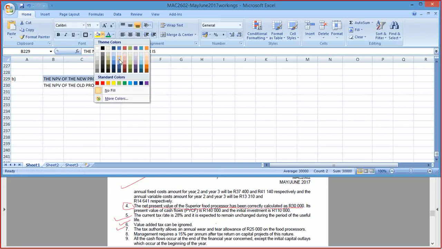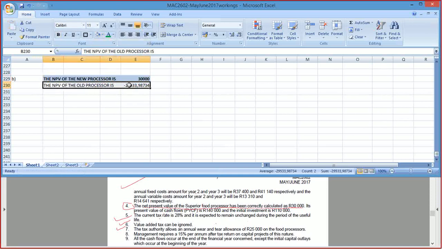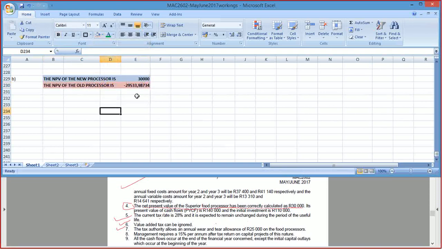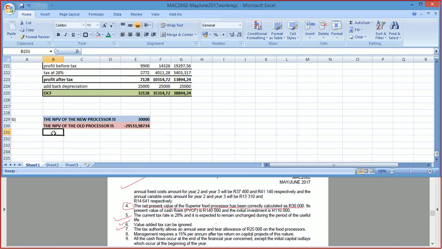There's the value of the old. That's the new processor based on its calculation. They didn't want you to do that calculation, because then this question would have been a lot more. They only wanted you to process the old. The net effect, net present value, will be this plus that gives you that.